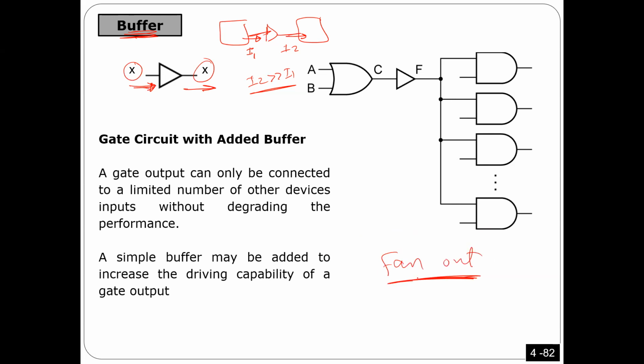What is fan out? Can anybody tell me what fan out is? I will be disappointed if no one knows. What is fan out? If you have an AND gate and then you read the data sheet telling you the fan out is 3, what does it mean? Fan in and fan out.